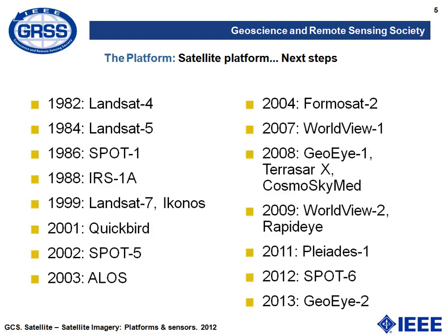We are talking about commercial satellites with a resolution of 1, 2, 3, 4 meters, compared with the previous SPOT or Landsat satellites with resolutions of about 10, 20 or 30 meters.